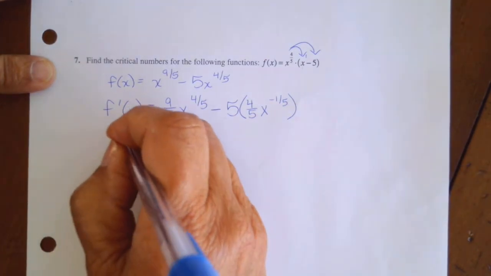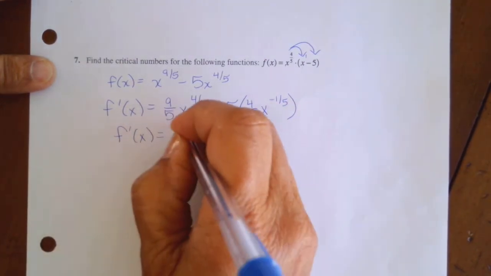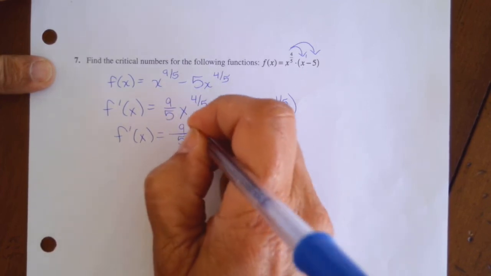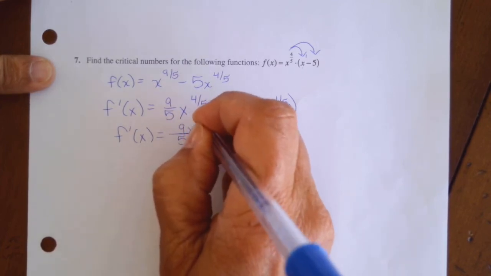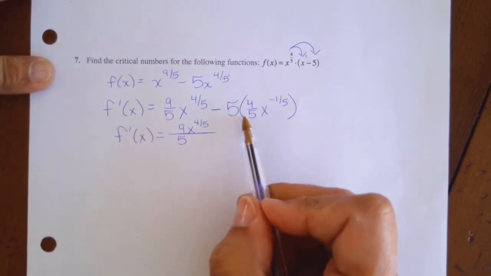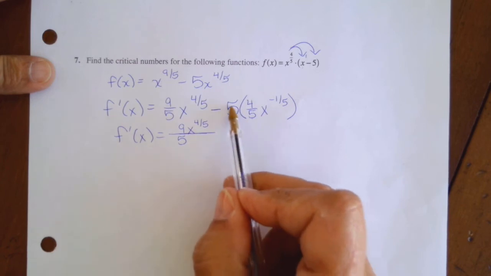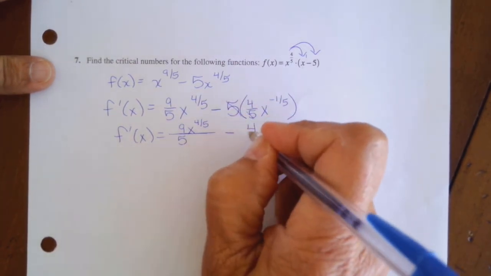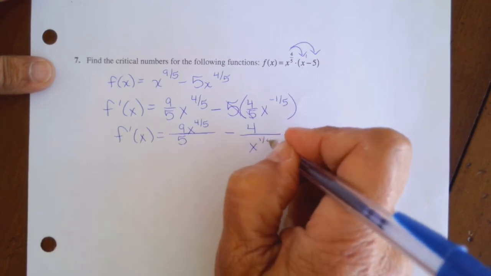If I clean that up a bit, let me write it where everything's in the top. So 9x to the 4/5, that's all in the numerator, 5 in the bottom. And then here, the 5's are going to cancel, so we're going to have a negative 4 in the top and x to the 1/5 in the bottom.